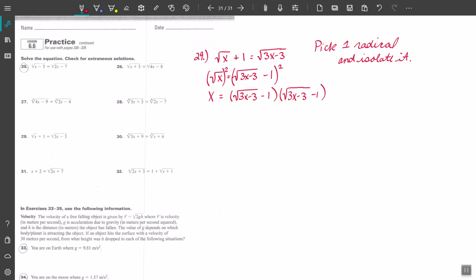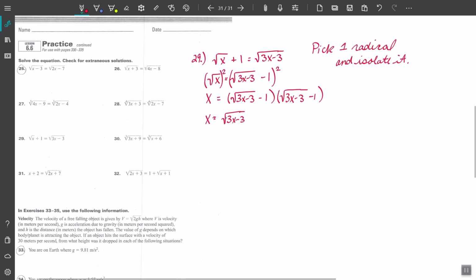Okay, so from here then, just follow through on your steps for FOIL. Just do the next thing that you know is right to do, which is to multiply those first two terms together. When we do that, we're going to end up with 3x minus 3, multiplying them together twice. So we're going to say 3x minus 3 squared.